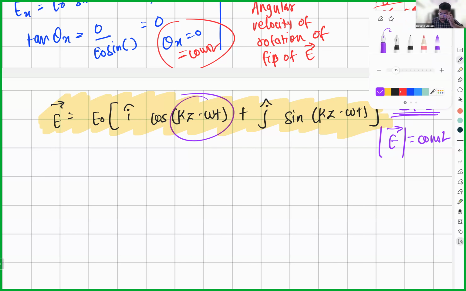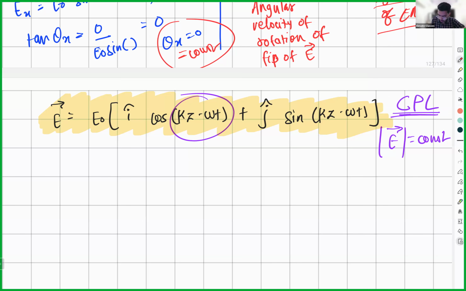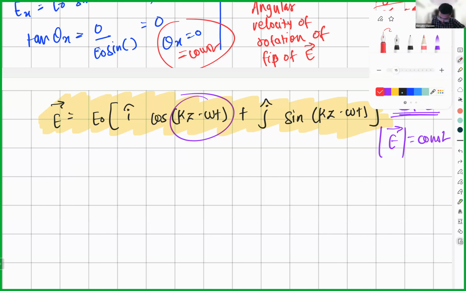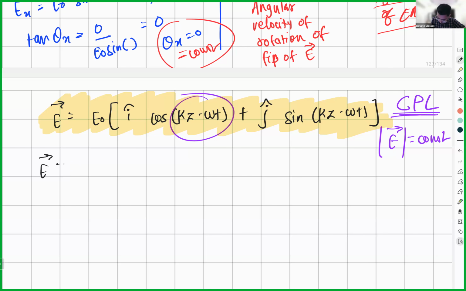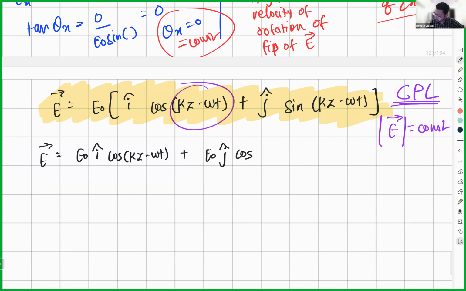Now, can you observe that this can be written as E naught i cap cos of kz minus omega t plus E naught j cap sine of kz minus omega t.